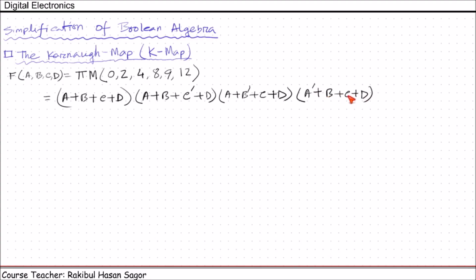For 9, it's a prime plus b plus c plus d prime. For 12, it's 1, 1, 0, 0: a prime plus b prime plus c plus d. So this is the function in product of sum form. We will simplify this function using the Karnaugh map method. Let us draw the box first.